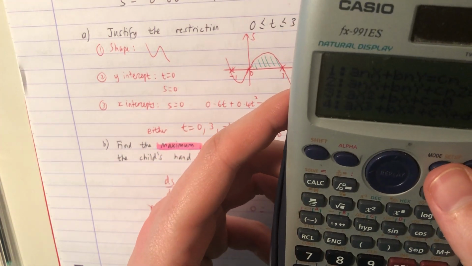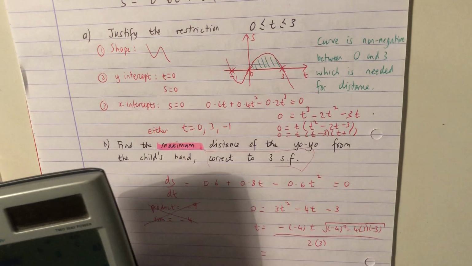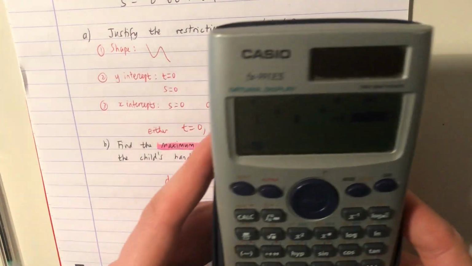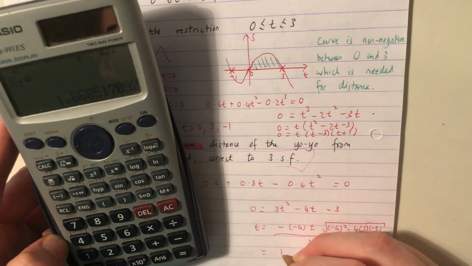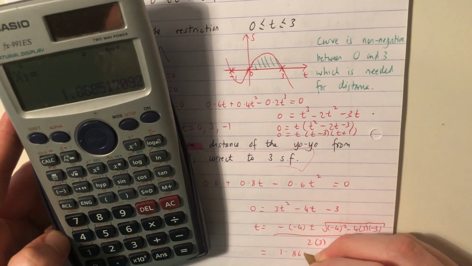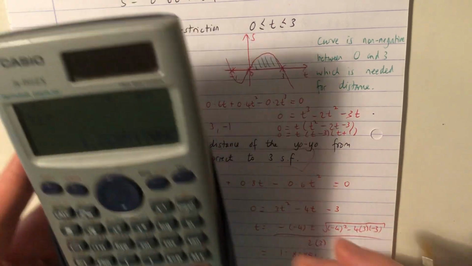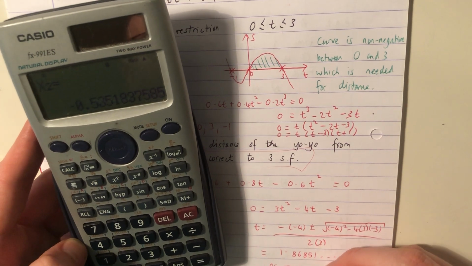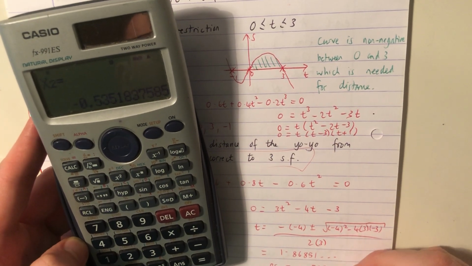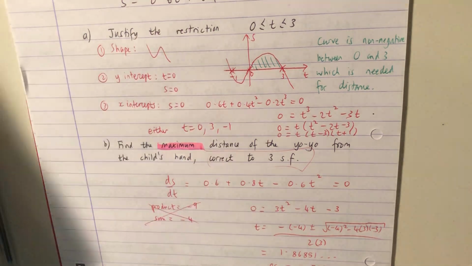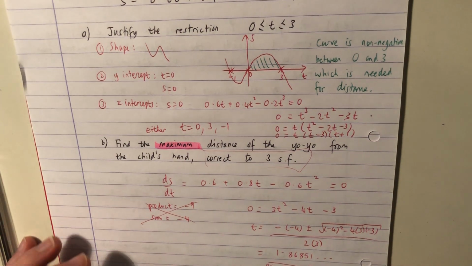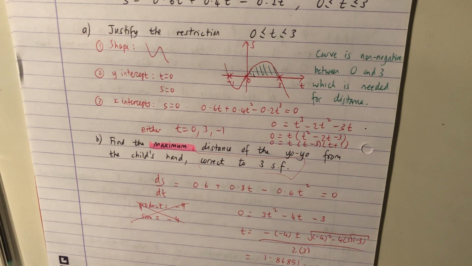Use the equation button on the calculator. 3, minus 4, minus 3. Get a t-value of 1.86851 dot dot dot, or negative 0.53518 dot dot dot. And I'm going to discount the negative time because it's got to be between 0 and 3.